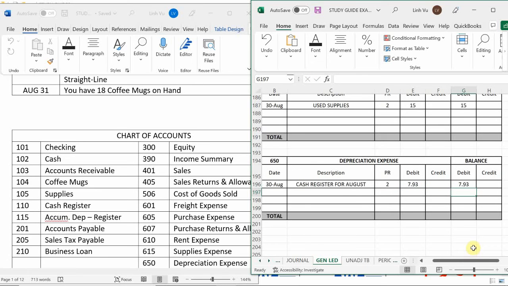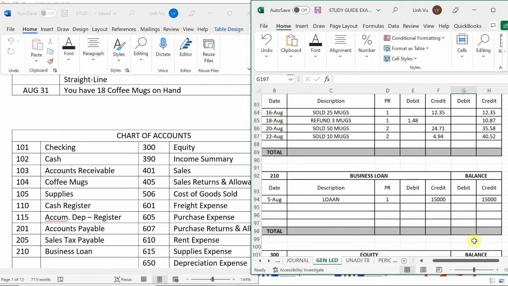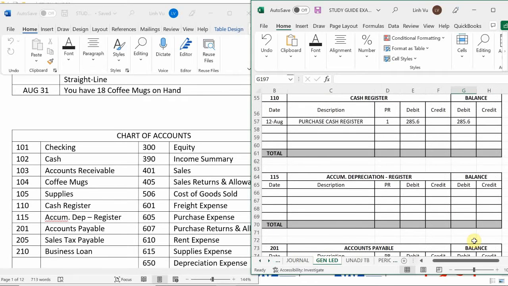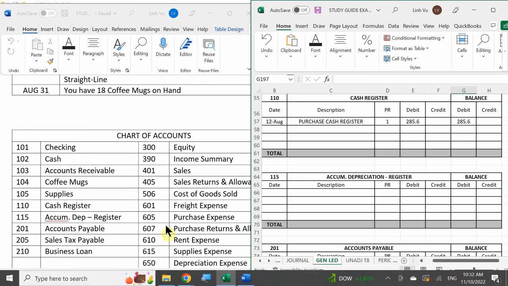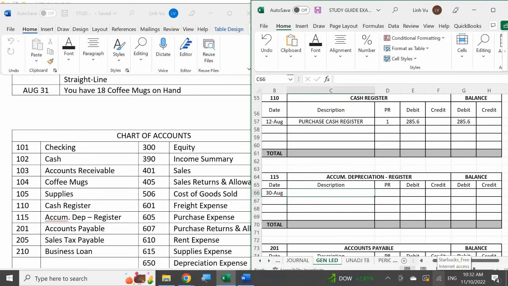And then you're going to go find your accumulated depreciation for the register. You can say adjustment for August, for a credit for $7.93.